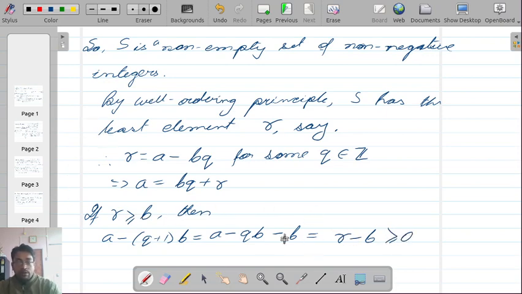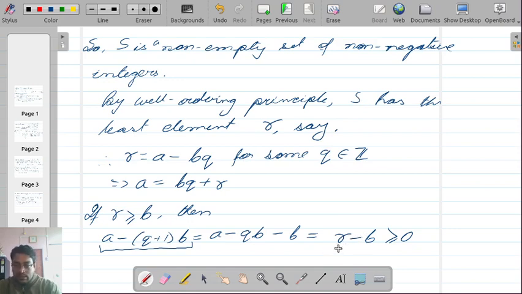So then what is the problem? The problem is that A minus Q plus 1 into B is an integer which is non-negative, and it is of the type A minus Bx. So this integer belongs to S. Then what is the trouble?